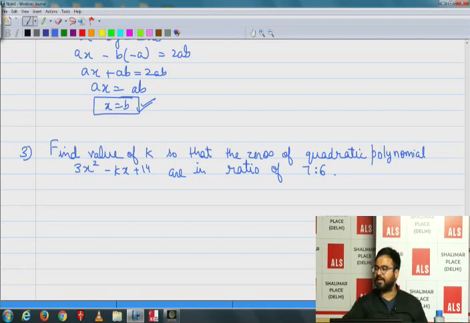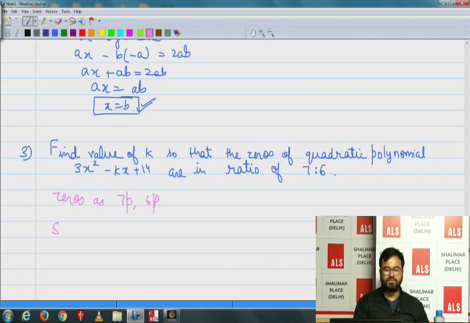That is right, correct. So now let us solve. So the zeros of the quadratic polynomial are this. We know that if the zeros are in the ratio 7:6, we can take the zeros as, x is already used, so let us use 7p and 6p.